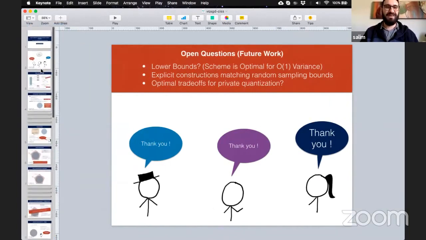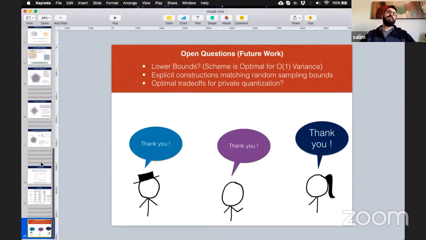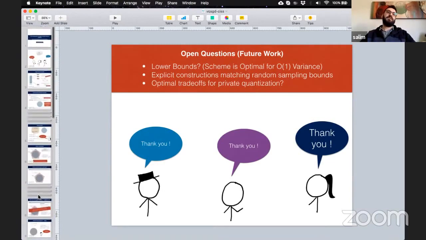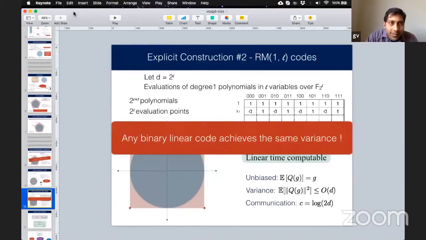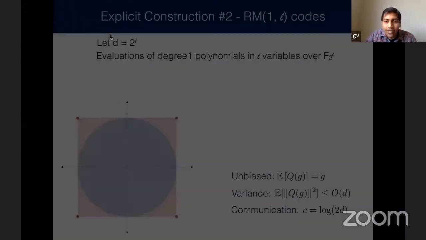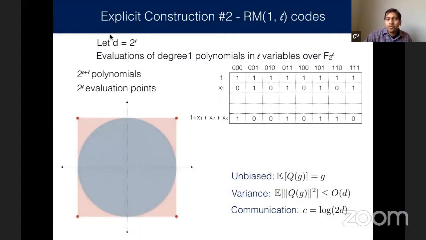They are basically, we are getting to Hadamard matrices in some sense. Reed-Muller codes are optimal because of the number of code words. We are looking at linear Reed-Muller codes, so degree 1 Reed-Muller codes. The number of code words is the least that you can get, about 2D.